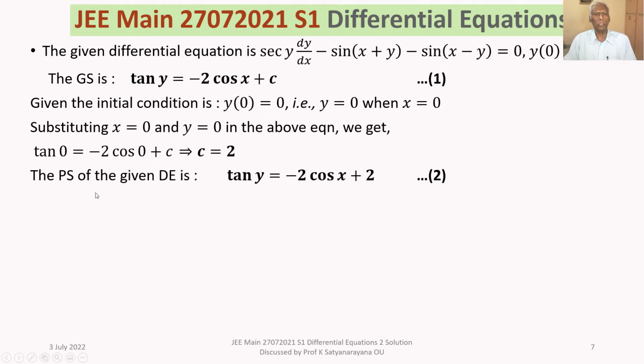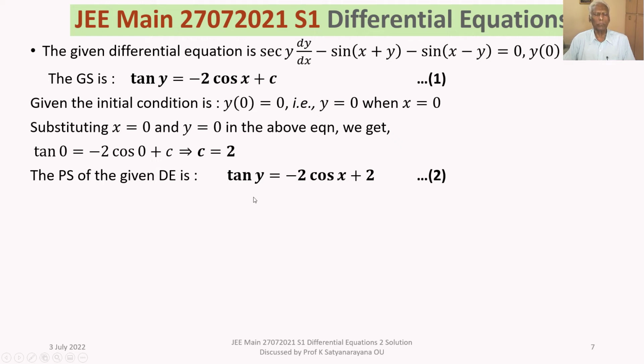Now c is evaluated with the given initial condition, and we get a particular solution of the given differential equation: tan y is equal to minus 2 cos x plus 2. So c is 2, we substituted.